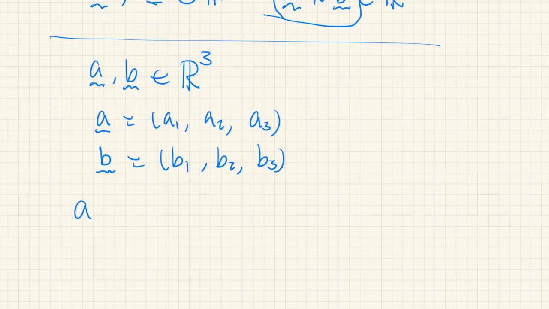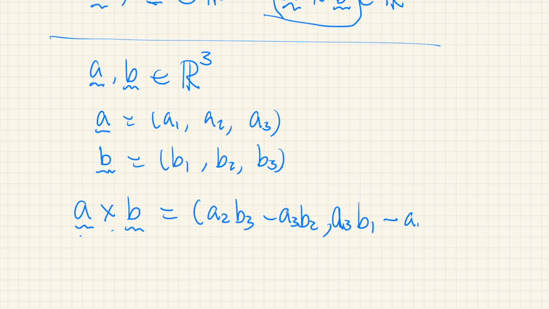And the vector product, which we write A cross B, and because of this we also call it a cross product, is yet another three-dimensional vector that has the following components: A2 B3 minus A3 B2, and A3 B1 minus A1 B3, and A1 B2 minus A2 B1.